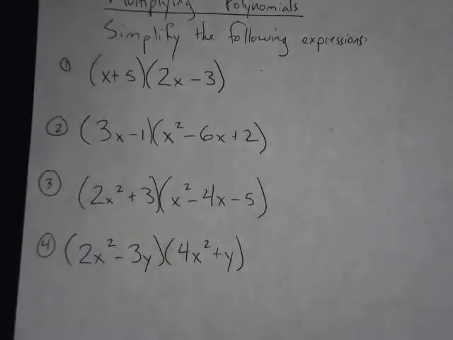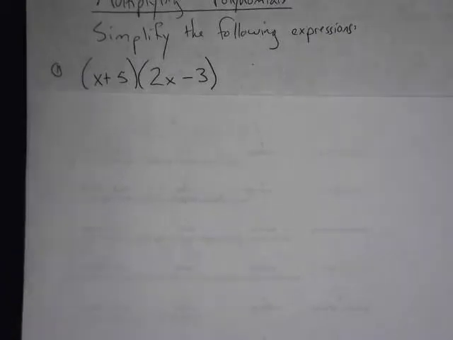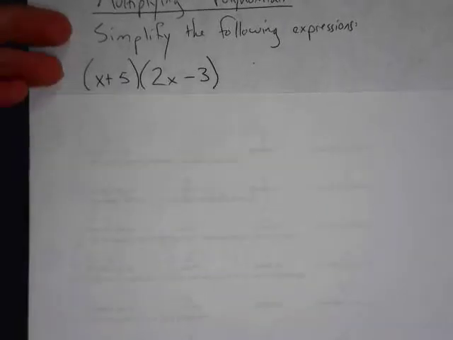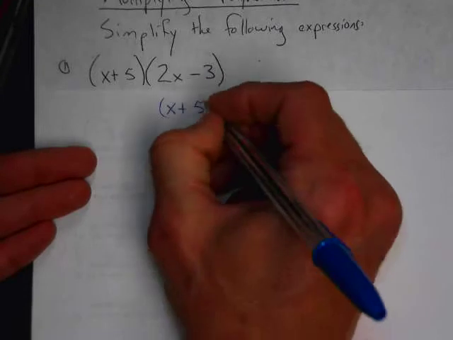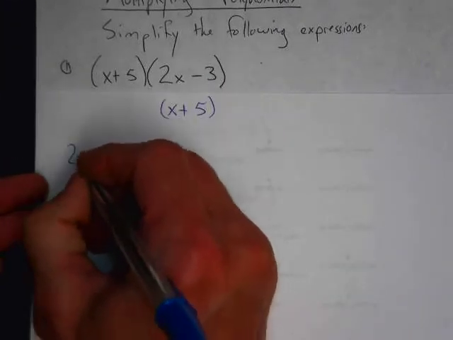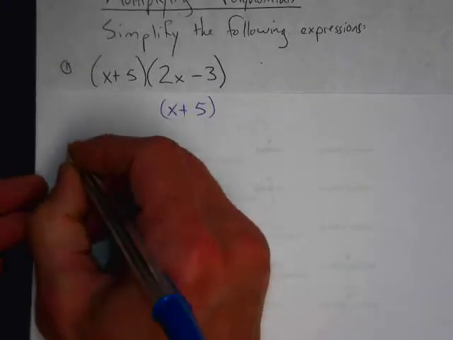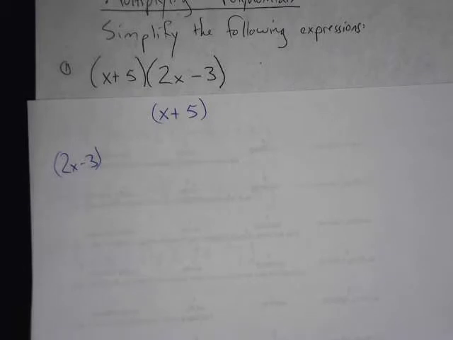So what if you don't feel like playing with these algebra tiles? You can still set up an area model, right? We can still look at x plus 5 as a length, and we can still look at 2x minus 3 as a width, and still consider units of measurement, still consider place value, right?